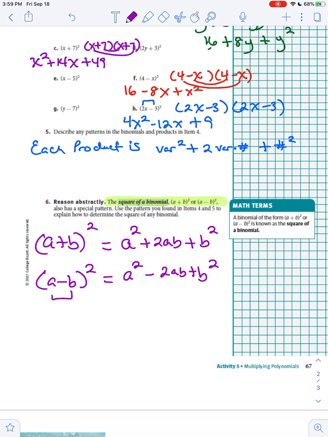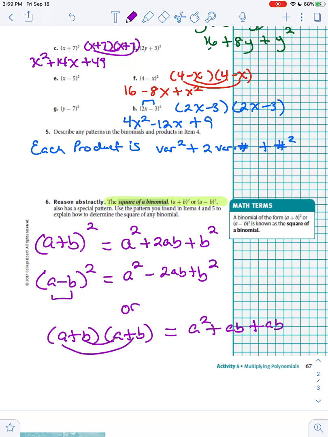So we call this the square of a binomial, and you can use the pattern or always write it twice. A plus b times a plus b is a squared plus ab plus ab, because they're going to be the same, ab and ab, plus b squared.